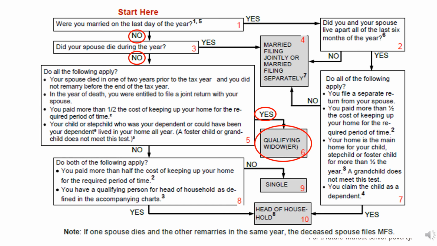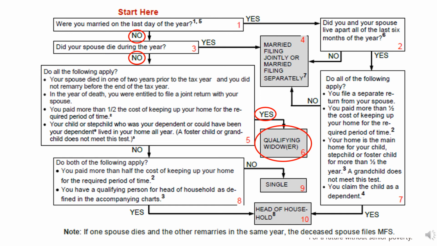Well, that's true, but everything in all 4 bullets needs to be true. So the first one is true. In the year of death, you were entitled to file a joint return with your spouse. That's also true. Bullet number 3, you paid more than half the cost of keeping up your home for the required period of time. That's also true. That's 3 bullets out of 4. Here's the 4th one. Your child or stepchild who was your dependent or could have been your dependent lived in your home all year.